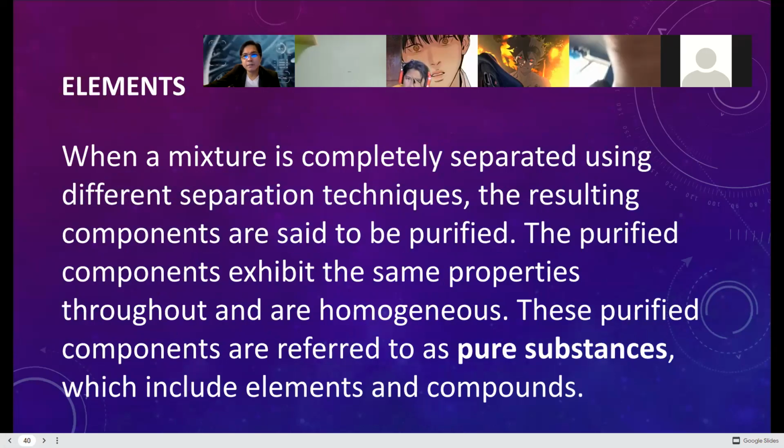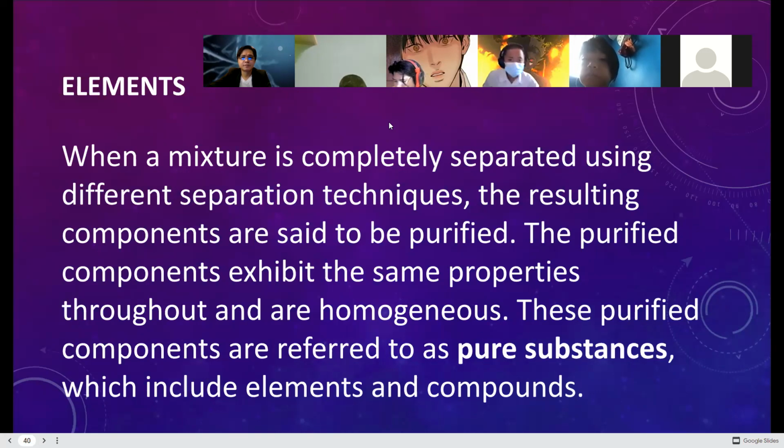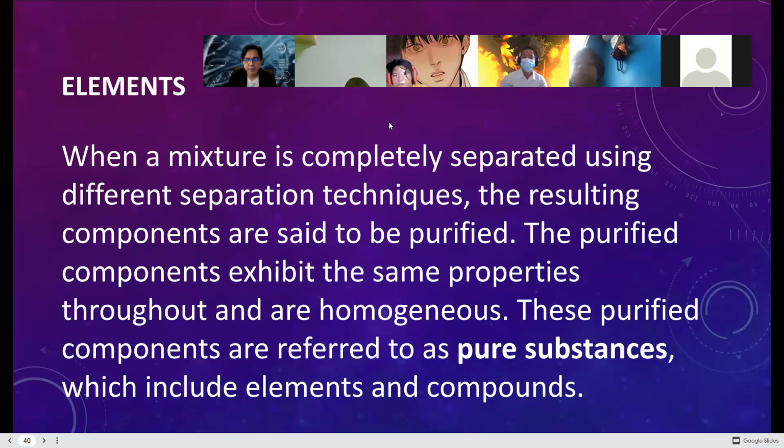Let's move now to elements. Do you have any questions so far with percentage composition? No questions. Again, in the medical field, there are a lot of percentage compositions. For example, your NSS needs to be exactly what is needed by the body, or else you might get a wrong effect.